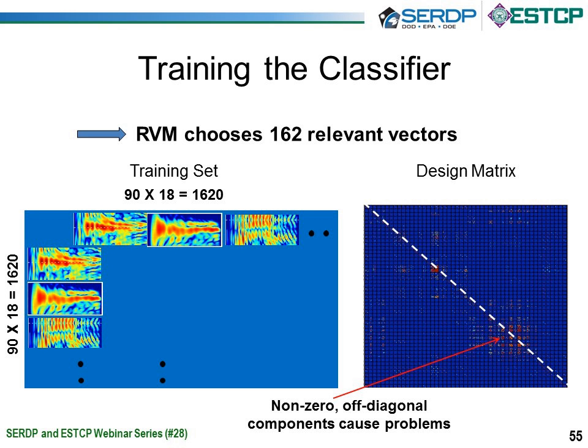We assign a number for the measure of the similarity between the two and populate that design matrix. We do the nonlinear kernel, and then run the relevance vector machine to tell us the most relevant discriminatory features. Again, if you remember, I had mentioned that it's potentially these non-zero off-diagonal components that can cause problems.